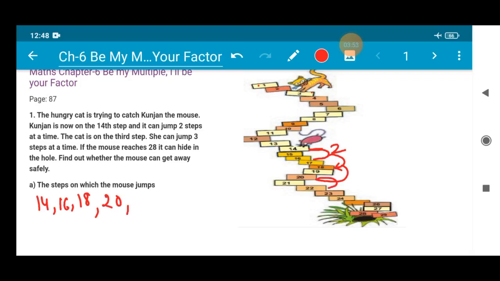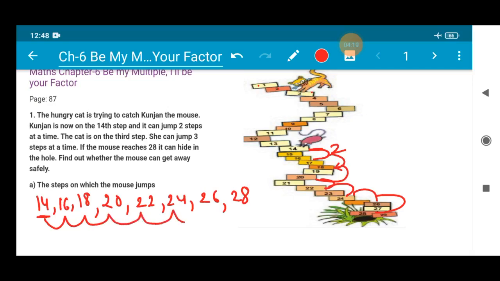Then after 20 she will be on 22. Then after 22 she will be on 24. After 24 she will be on 26, then she will be on 28 finally, right? So what are the steps she will be touching? The mouse will be touching 14, then 16, 18, 20, 22, 24, 26, 28.